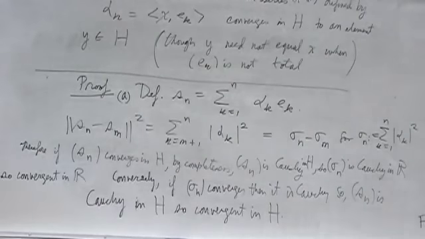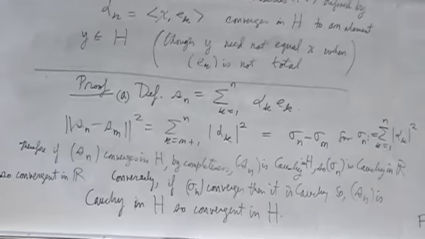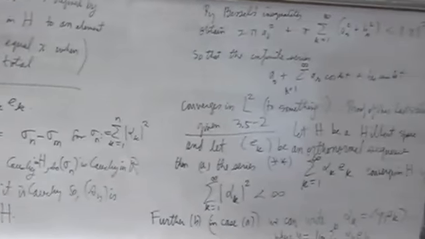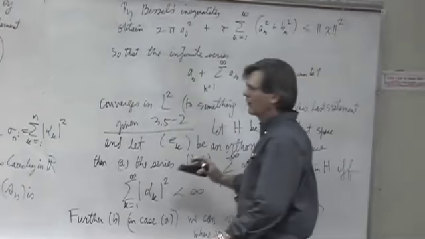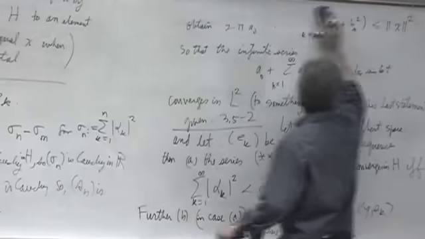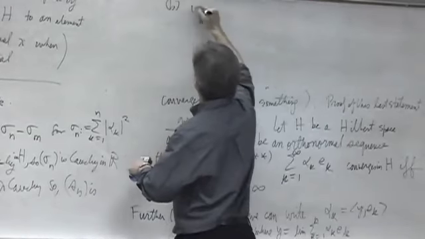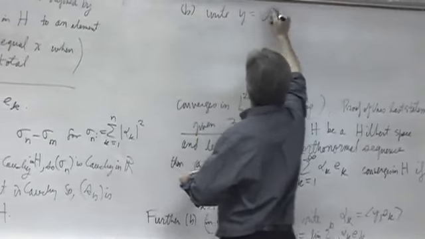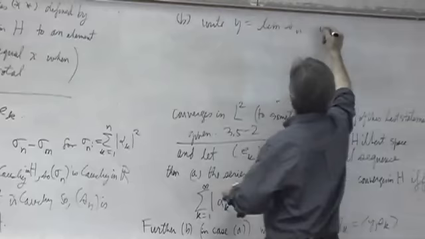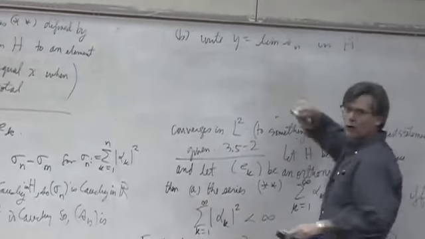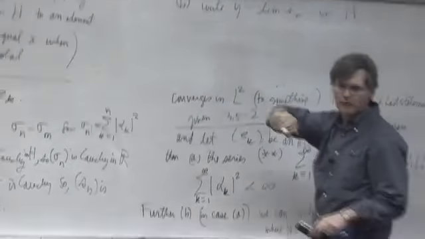B simply follows by the good old continuity of the inner product. We can write alpha k equals y ek. In other words, write y equals the limit Sn in H. That means in the norm of H, the limit is holding.